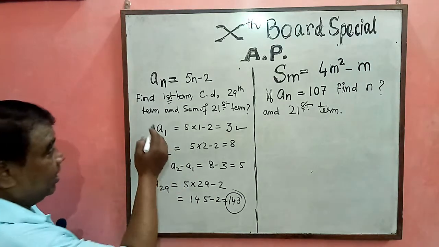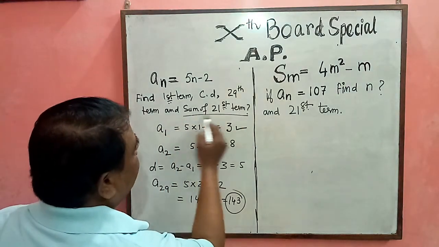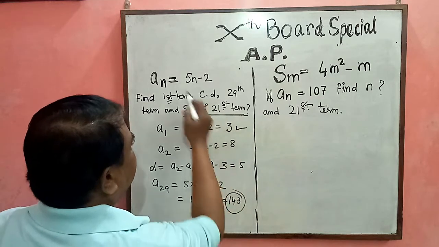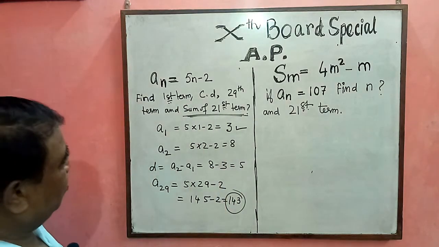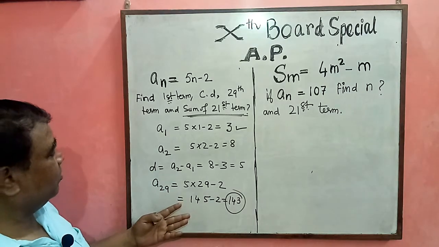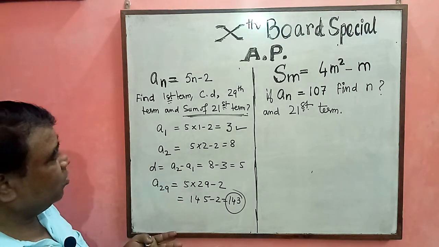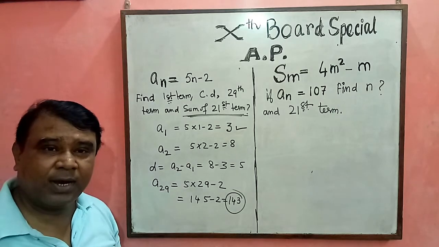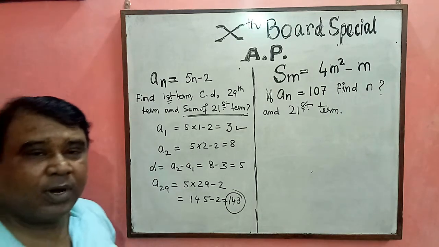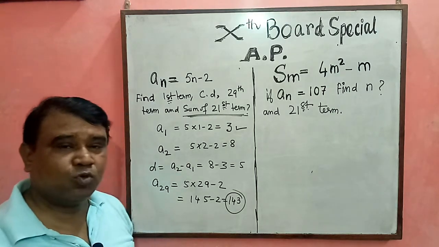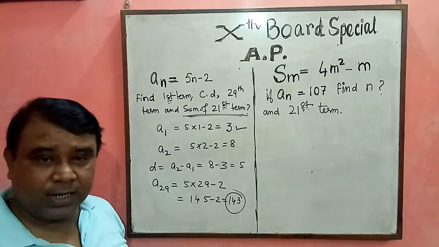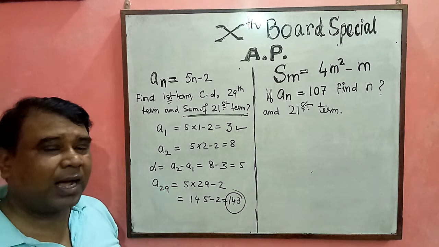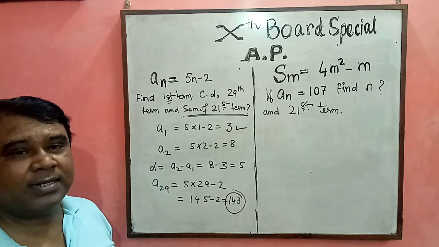But here, to find the sum of 21 terms, we know D here, we know A here, we can easily apply S21, that is 21 upon 2, into 2 times first term plus (21 minus 1) into D. But I will not follow that identity here.